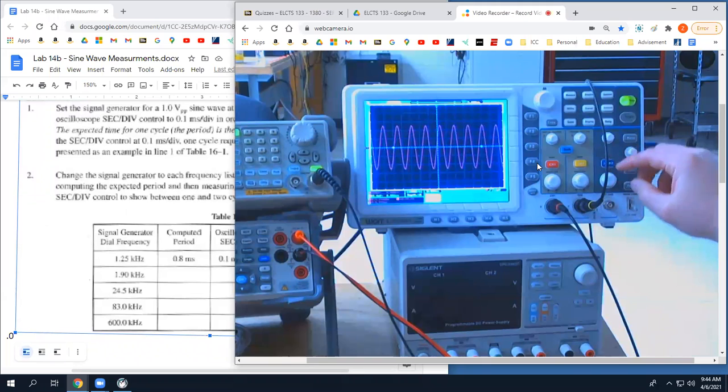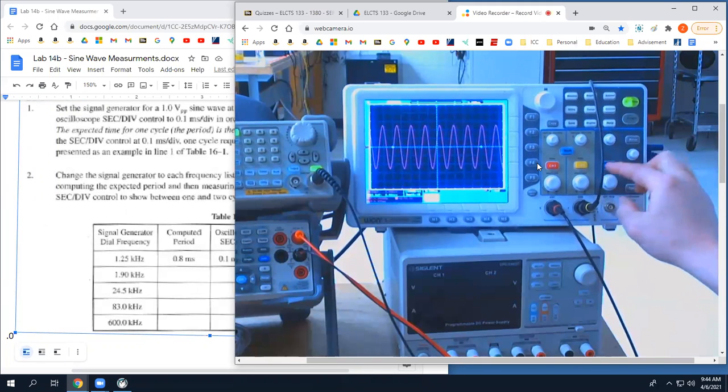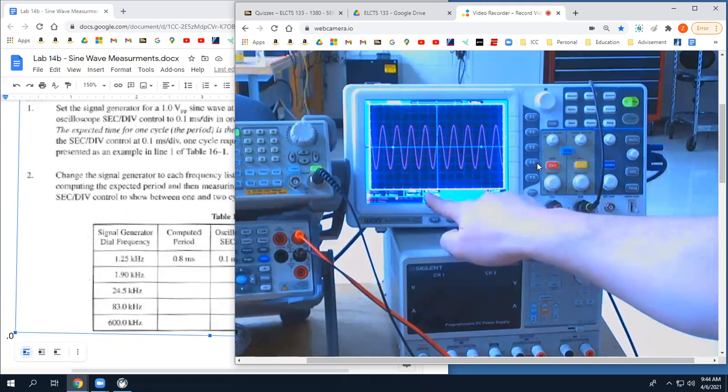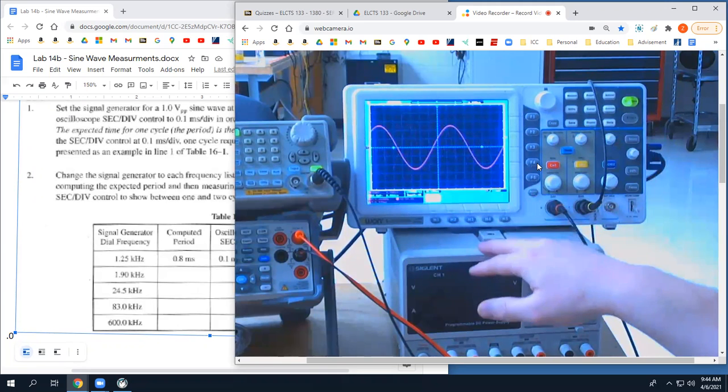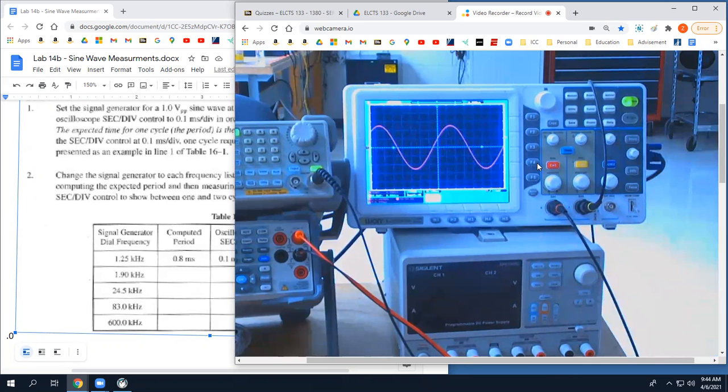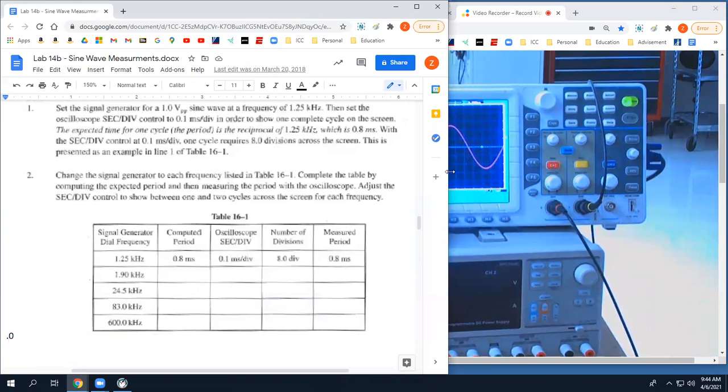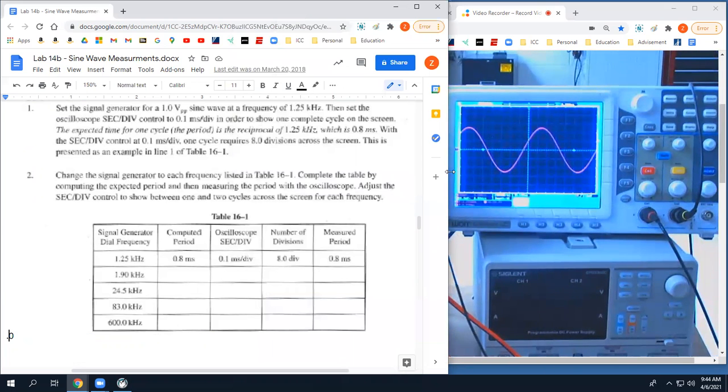Okay, so once I did that, I changed the seconds per division back to 100 microseconds, and I got a sine wave that looks like this. Okay, so using that, let's look at the table here. It says 1.25 kilohertz, that's the frequency on the signal generator. Computed period. How do we do that?